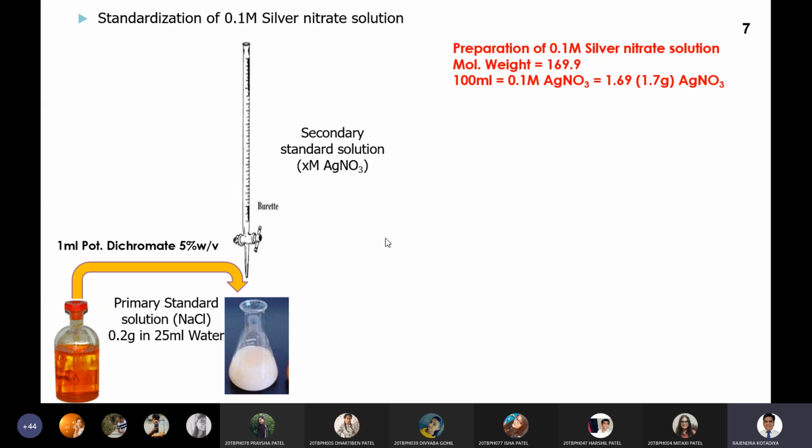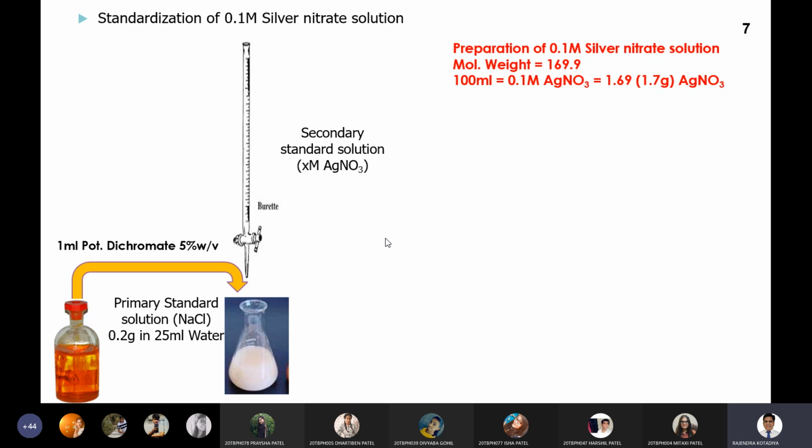The molecular weight of silver nitrate is 169.9, so you can take 170 gram as well. For 1 molar in 1000 ml it is 170 gram. Likewise, for 100 ml of 0.1 molar, 1.7 gram silver nitrate is needed.